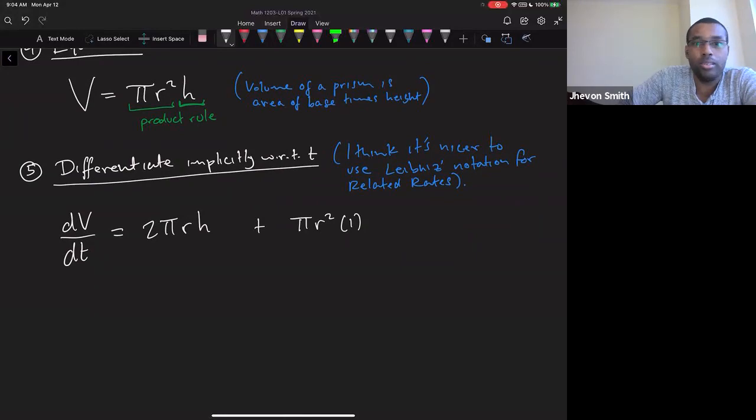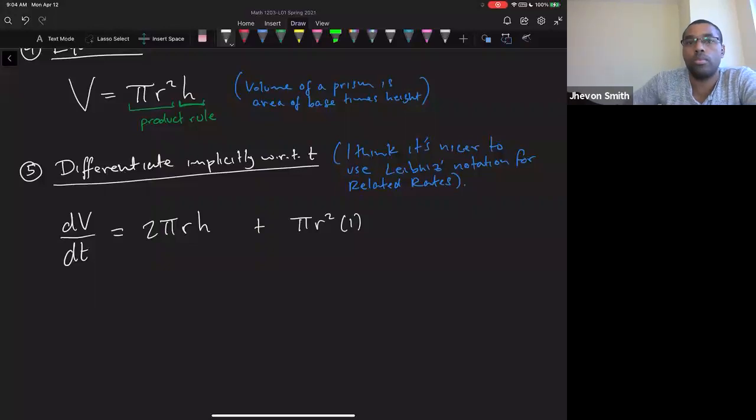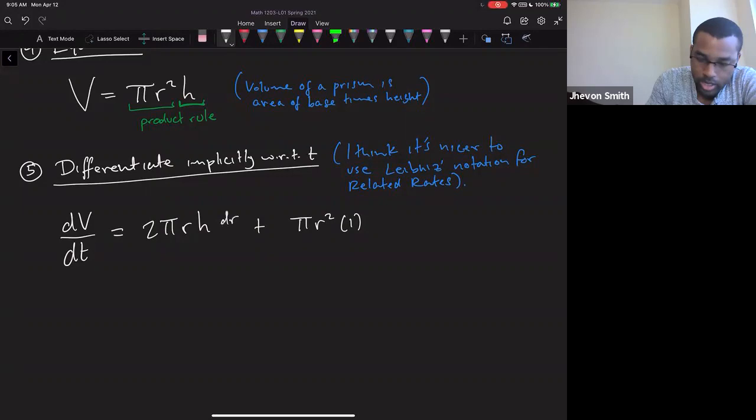Do we know what's missing from the first term? A prime. Which prime? R prime. I just differentiated r, so I need to multiply by dr dt. In the second one, I differentiated the h, so I need to multiply by dh dt.